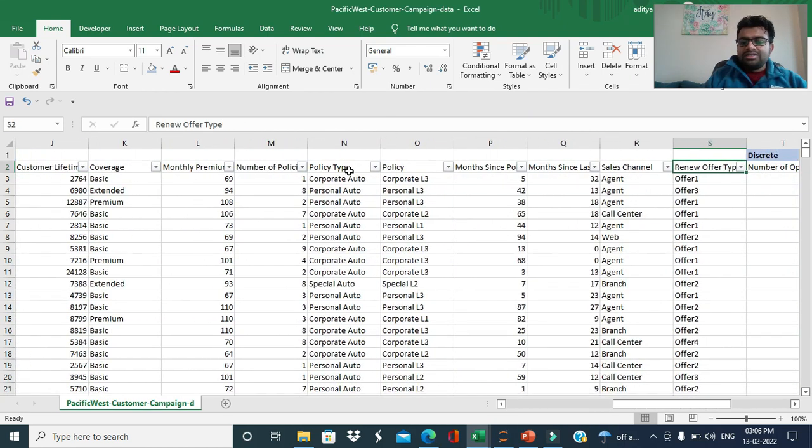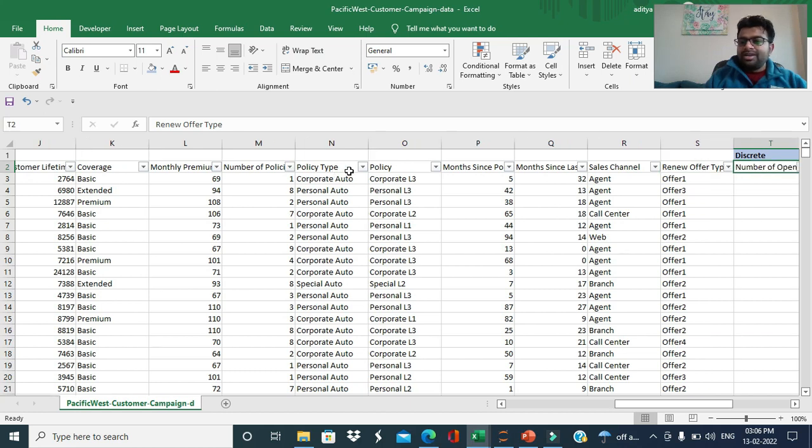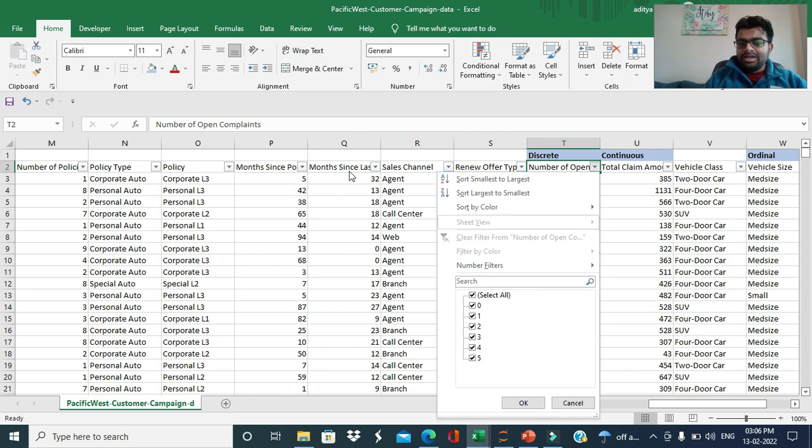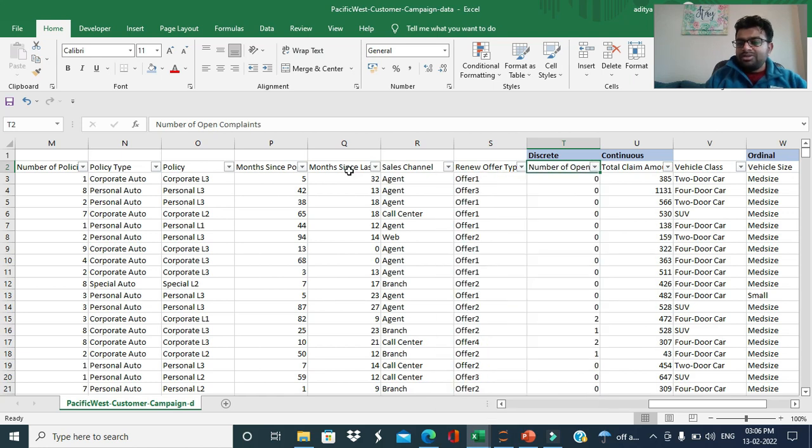A lot of variables are captured here with categories similar to what we have talked about. Again, for a discrete variable, number of open complaints you can count: 0, 1, 2, 3, 4, 5. So these are the five different counts we have in this variable. Being a numeric variable, you can also count the categories of that variable, so I think you can consider this a discrete variable.